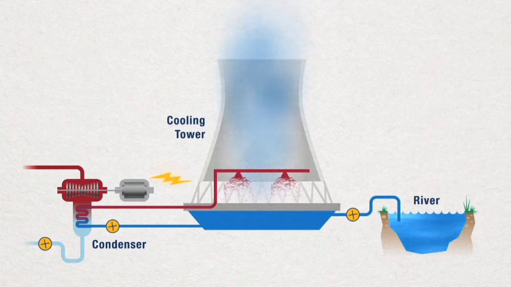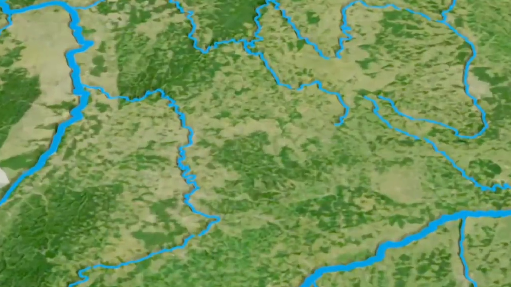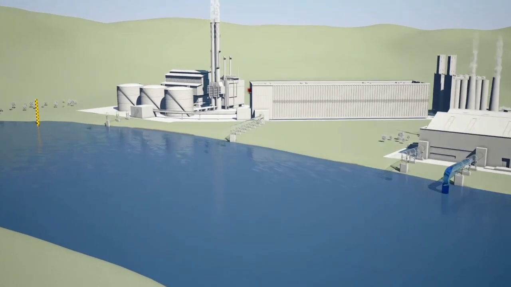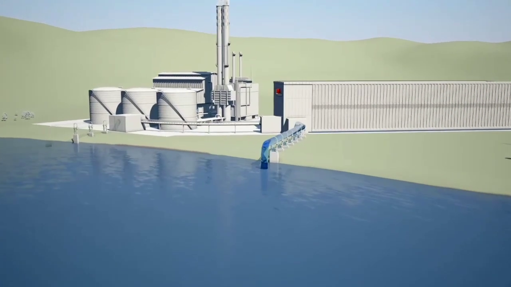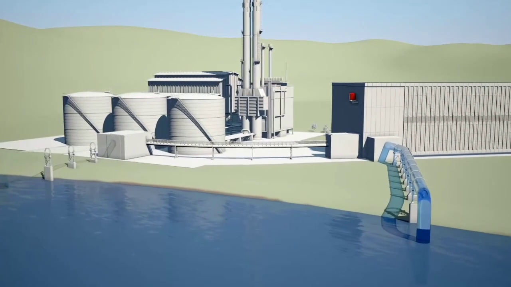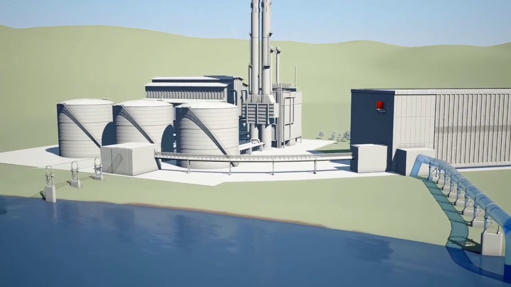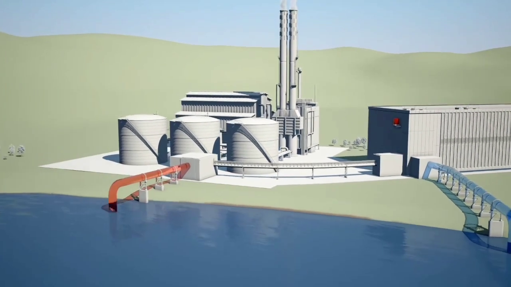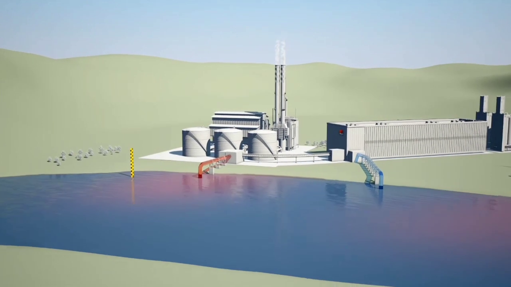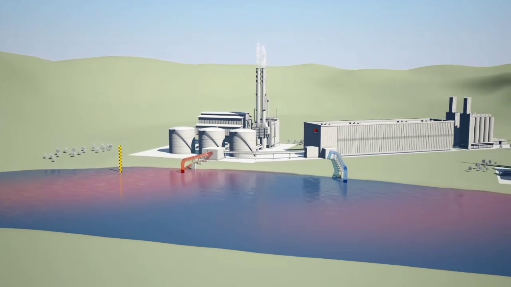Water used by the condenser to cool the steam is withdrawn from nearby rivers, lakes and also the ocean. Condensed water is pumped back to the boiler and converted into steam again so that it can be used to produce more electricity, and the cooling water is generally discharged back to the body of water from which it came. When heated water returns to the river or ocean, the water temperature rises sharply.